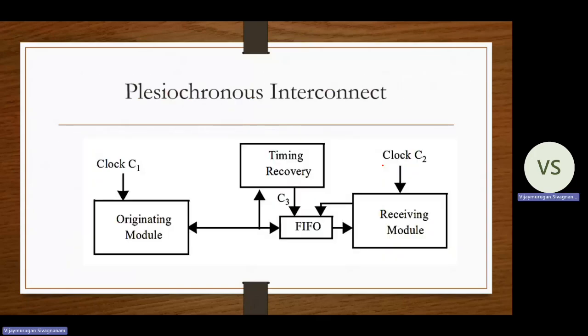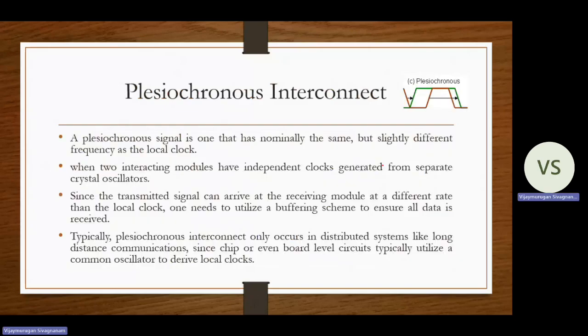Then come to isochronous. In this isochronous interconnect, it's also one signal. This signal is normally the same, but at a slightly different frequency than the local clock. So here, two interacting modules have independent clocks generated from separate crystal oscillators.